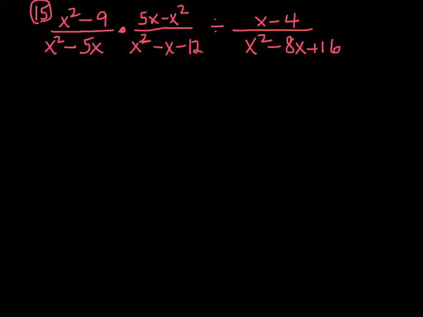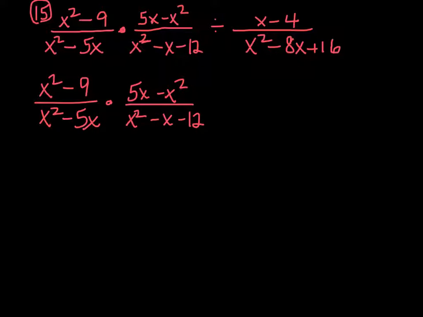Look at step 1. It says keep, change, flip. So we've been doing multiplication in the prior 2 questions, so nothing's going to change there. So all we're going to do is we're just going to drop down those first 2 fractions. Now I see division. When it says keep, change, flip, what it means for you to do is we're going to keep anything that's multiplication, or we usually keep the first fraction. In this case, we have 2 fractions that are being multiplied, so we just leave those alone.